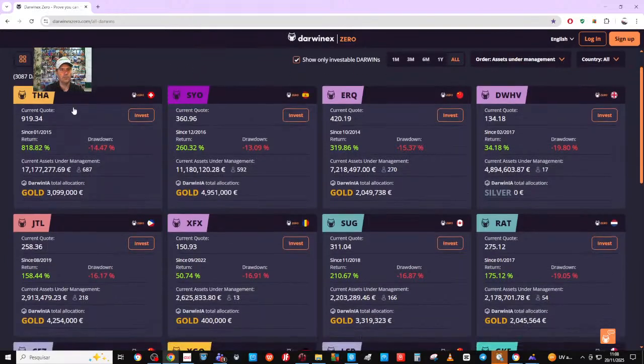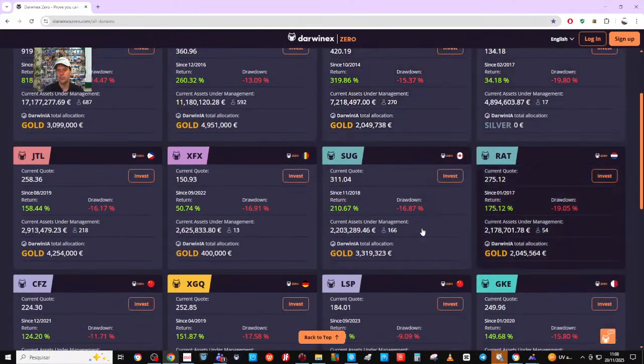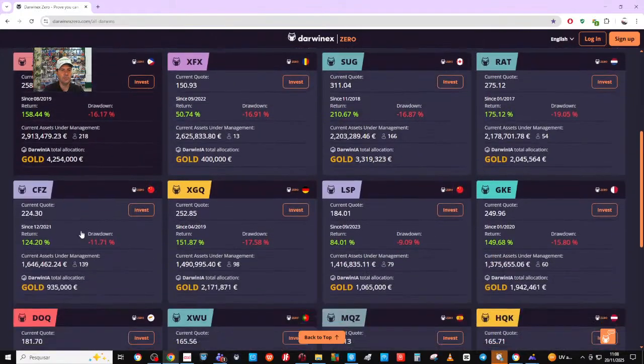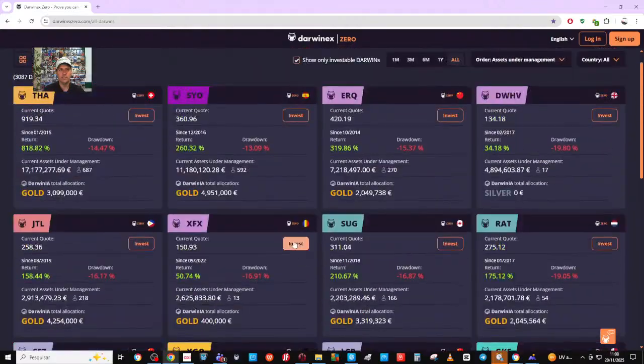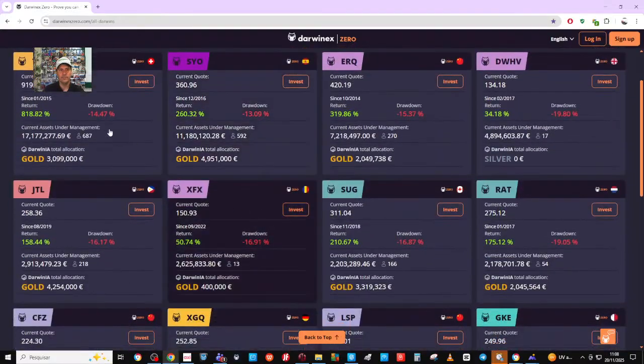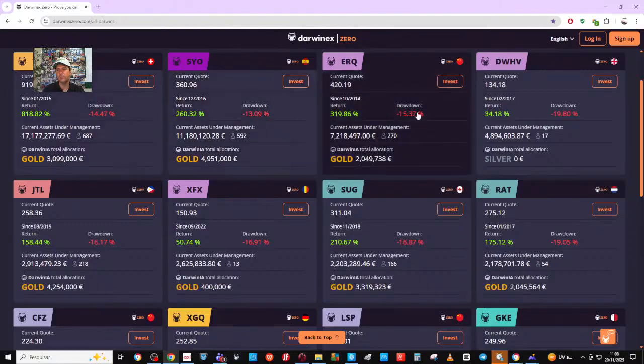Alright. The first one is managing 17 million euros. This one is managing 11 million euros, 7 million, 4 million, 2 million, 2 million, 2 million, 2 million, 1, 1, 1. Okay. 14% drawdown, 13% drawdown, 15% drawdown.